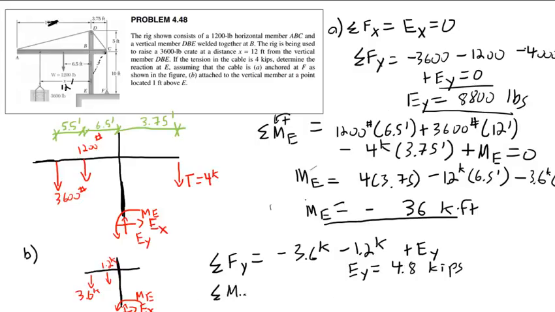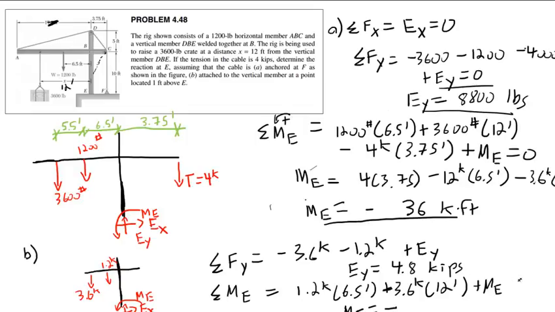Sum of moments about E. It's going to be the same thing as before, except just without this term here. So 1.2 kips times 6.5 feet minus 3.6 kips times 12 feet plus ME, and this is equal to 0.